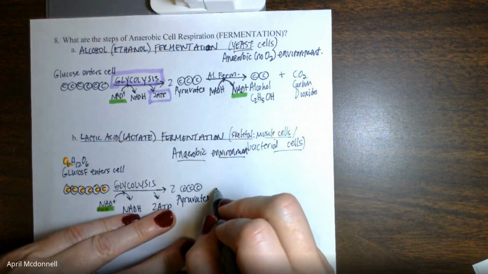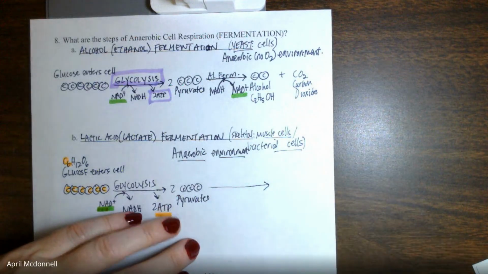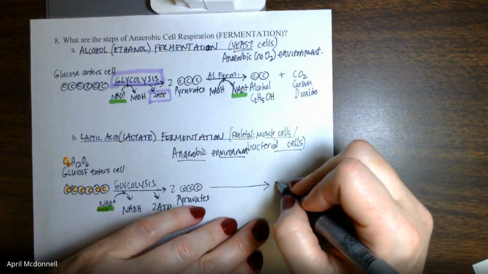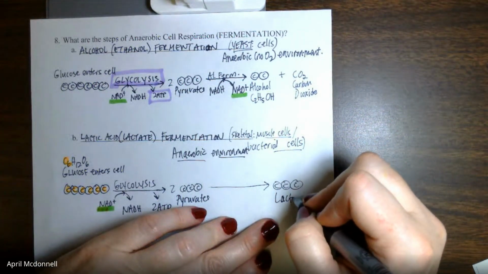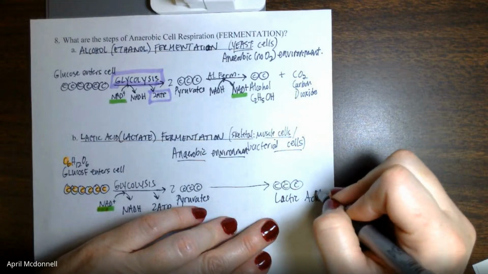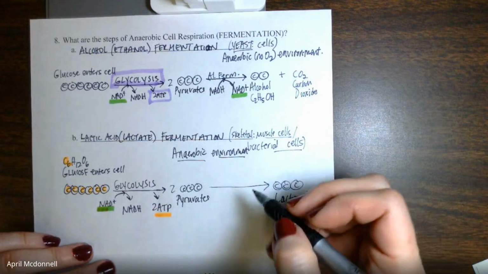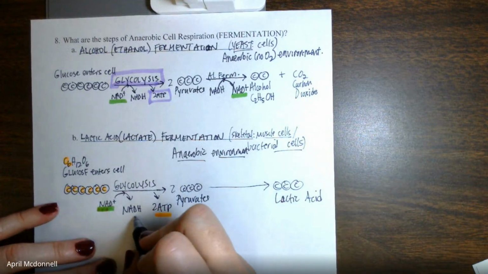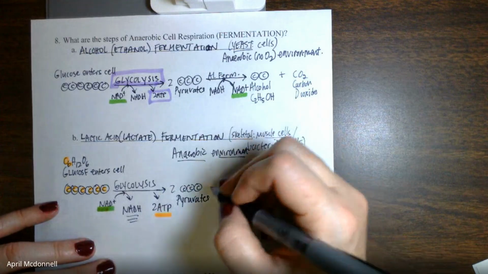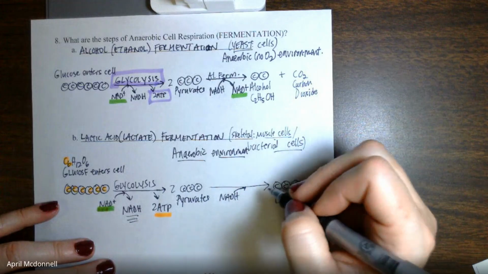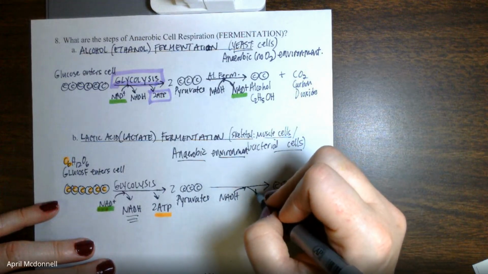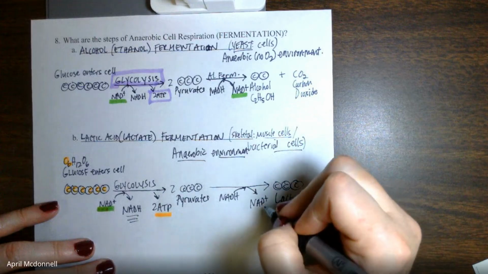They're going to take the pyruvates and convert that to a substance called lactic acid. And that conversion is going to allow them to take their excessive NADH, which is accumulating, and drop off that electron and regenerate their supply of NAD+.